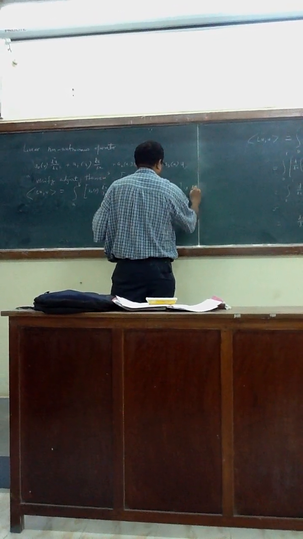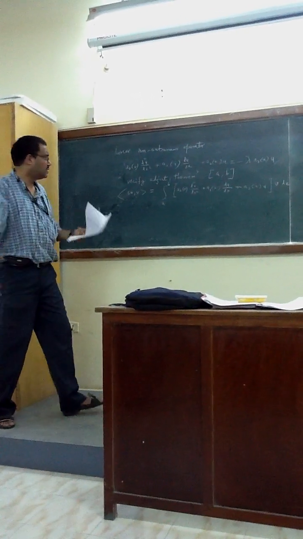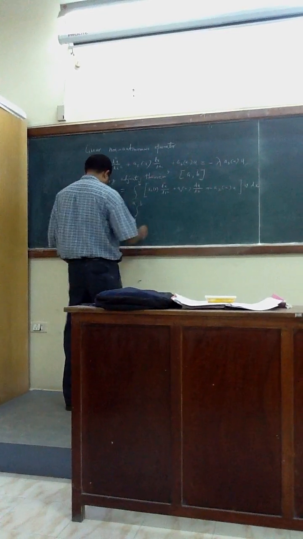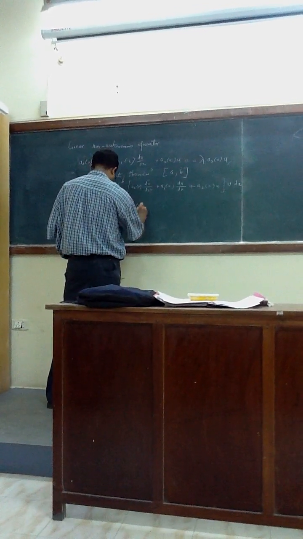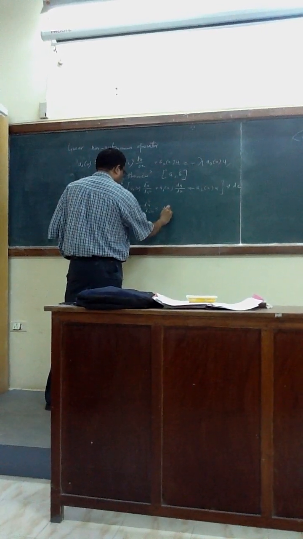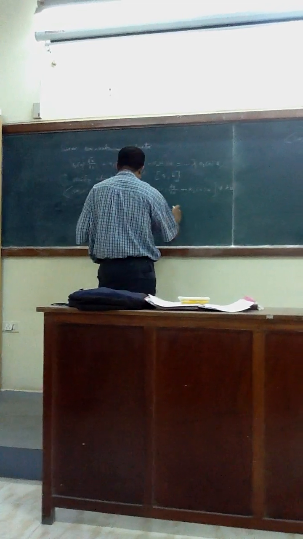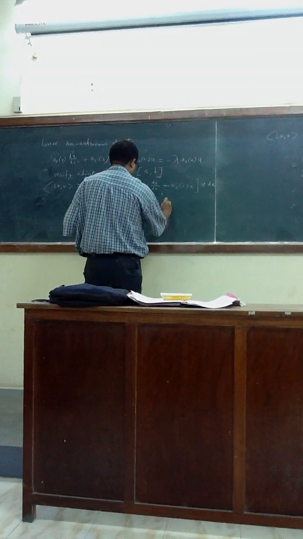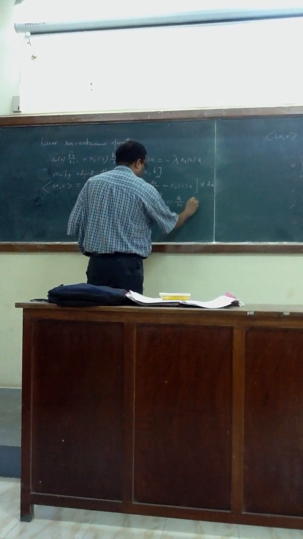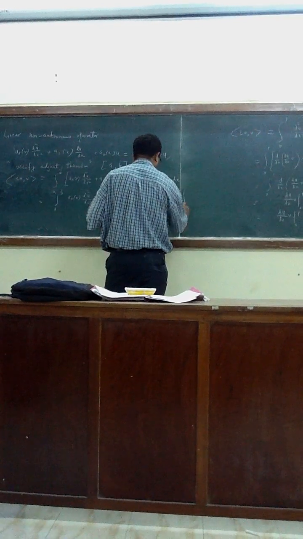What are my terms? Integral A to B a0(x) d2u by dx square v dx. I'm just splitting all the terms. Integral A to B a1(x) du by dx v dx, plus integral A to B a2(x) u v dx.